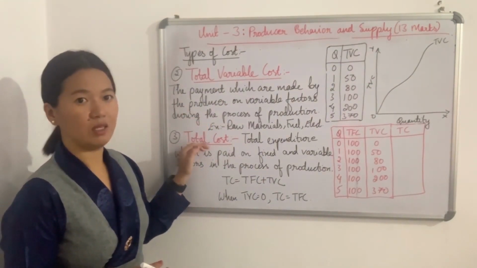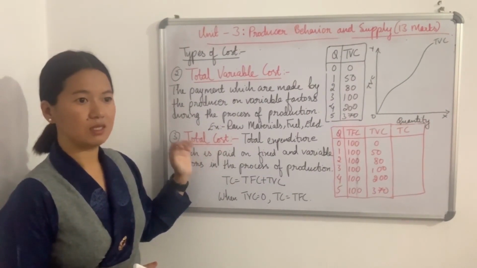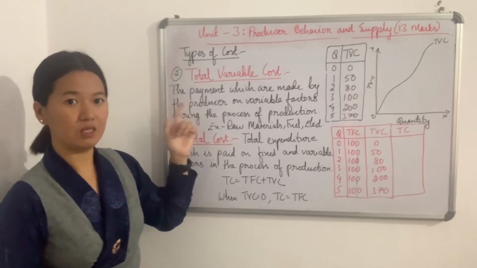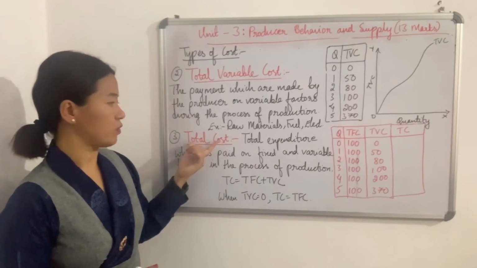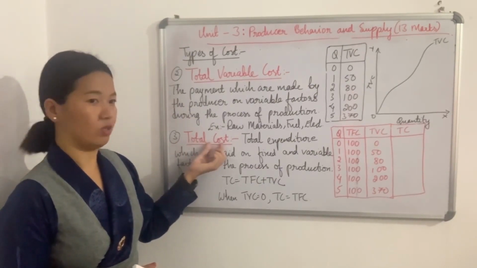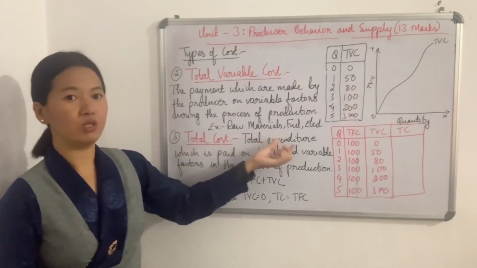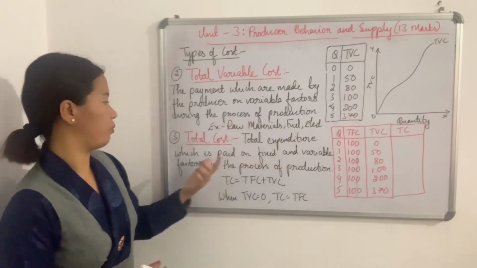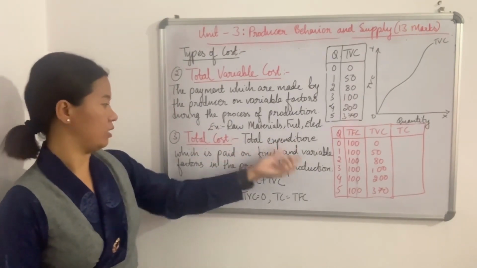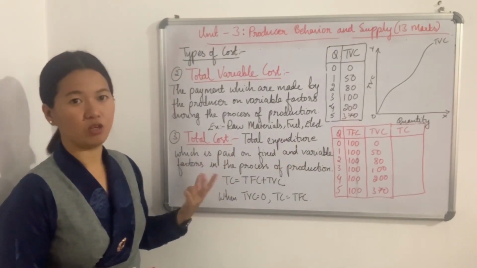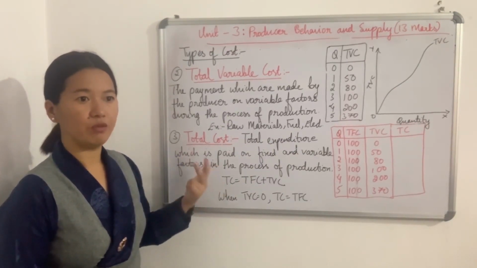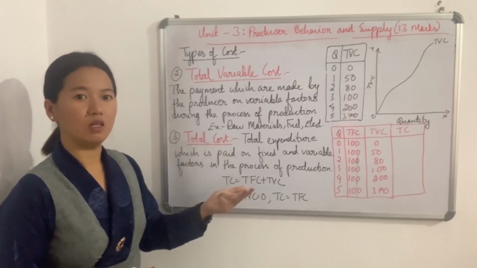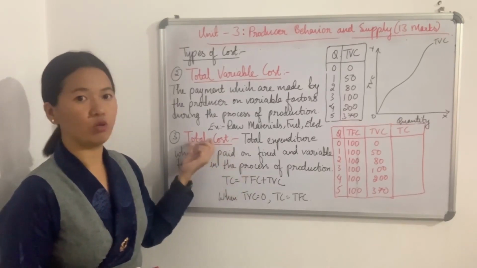And the third one is the total cost. It is the sum of both the costs, that is the first and second one. So from the name itself, it is total cost, which means that it is the total expenditure incurred by the producer on fixed and variable factors. Since in the short run we have two factors, the sum of costs spent on the two factors is called total cost.